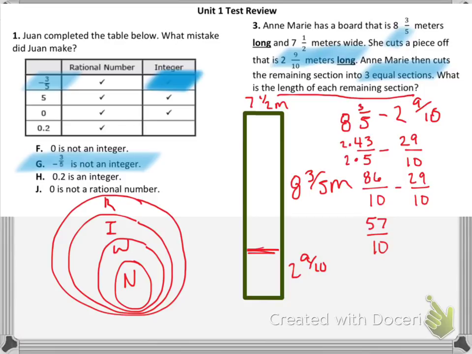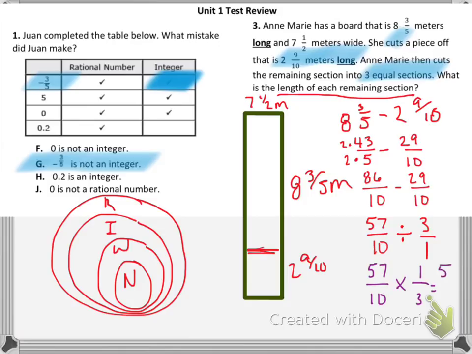So I actually need to divide this number by 3. So I don't want to convert it yet. Well, when we divide fractions, first we need to make sure that all of our numbers are fractions. So we can put any number over 1 to make it a fraction. Then we keep the first number the same, change the sign to multiplication, and flip the second. So 57/10 doesn't change.